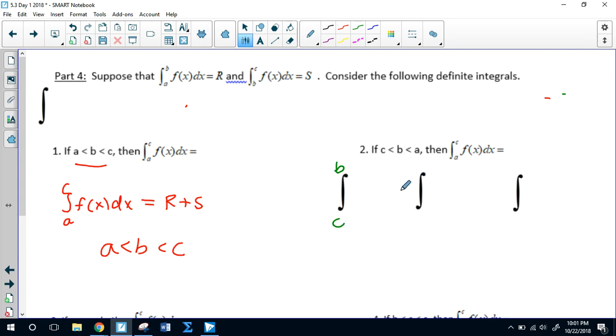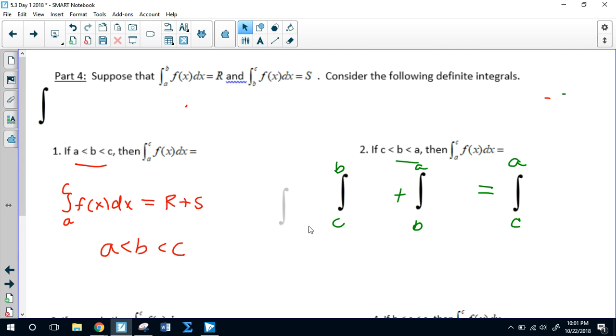From C to B, that integral, plus the integral from B to A. So we go from C to B and then from B to A. Well, that is equal to the integral from C to A. Well, we don't know about from C to A, but we do know that the integral from A to C is equal to r plus s.